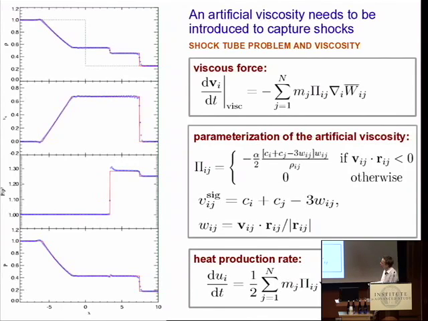But fundamentally it's for the same reasons as in mesh codes: without viscosity, without shock capturing, you will get unphysical ringing. Because the fundamental equations that we initially considered, as we'll see, conserve entropy exactly. So they don't account for the fact that this fluid description breaks down in the shock layer itself.